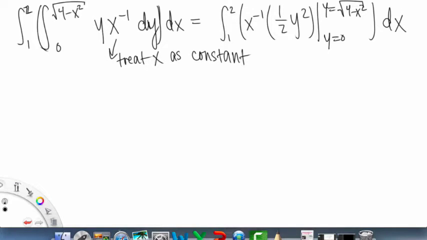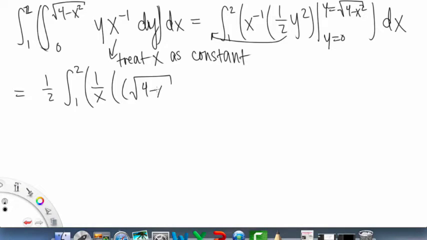Okay, so now what we have is, I'm going to bring this 1/2 out in front. So 1/2 just sits there, and then we have 1 to 2, and x to the negative 1 is just 1 over x. That's also just sitting there, because that's like a constant right now. And then we have y squared. So in this case, we have square root of 4 minus x squared, and all of that squared, minus 0 squared, which is just 0.